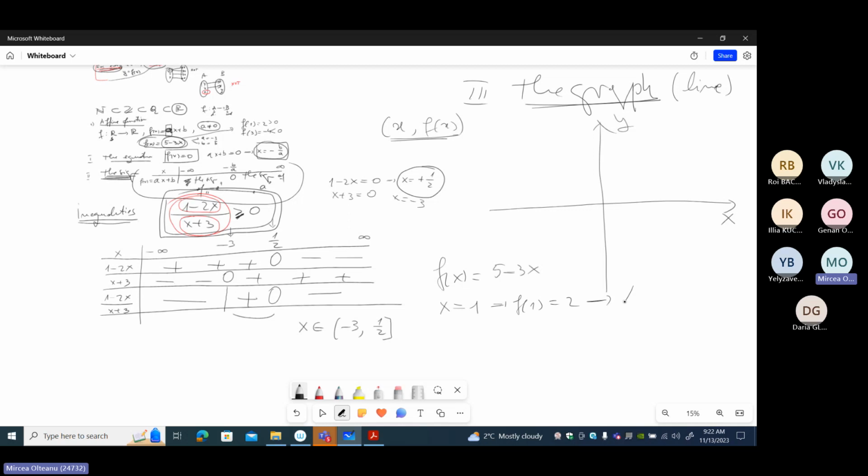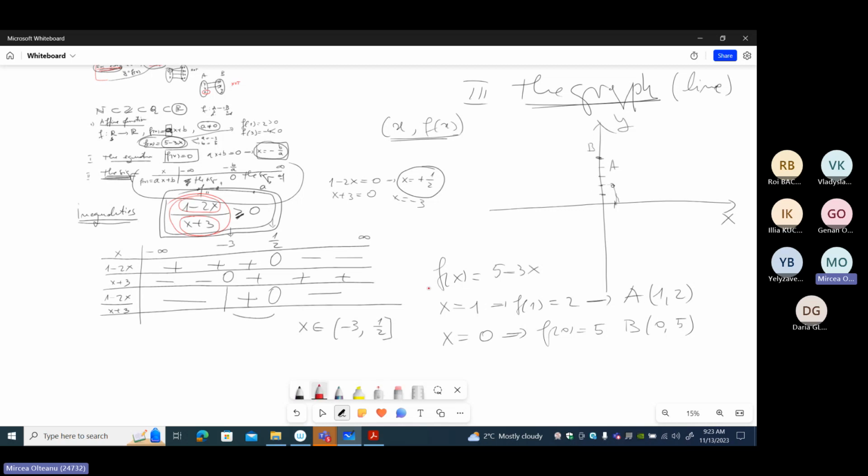So we get a point A of coordinates 1, 2. Now another value. If we put x equals 0, we get f of 0 equals 5. So we get a point B of coordinates 0, 5.